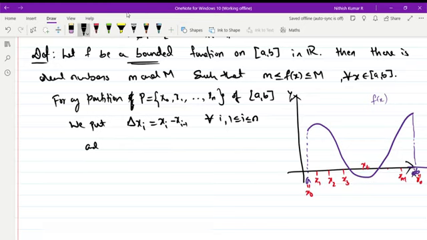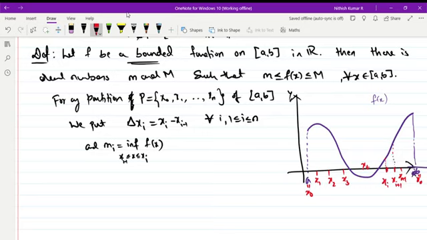And mi is nothing but the infimum of f(x), where x lies between xi-1 and xi. Say somewhere I have xi and xi+1.